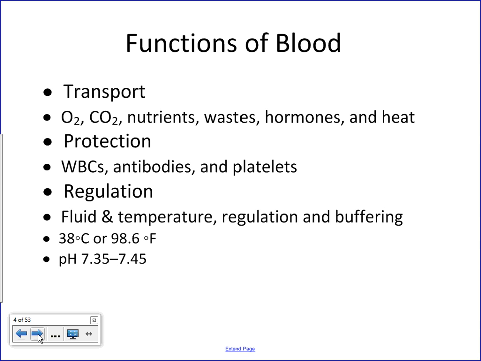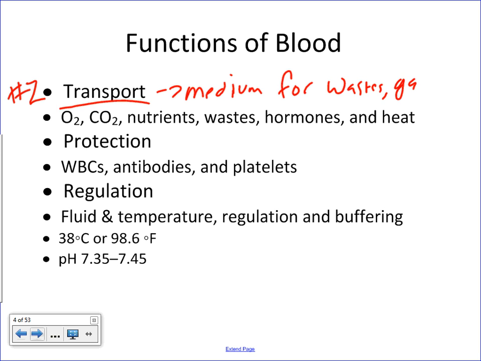All right, and the composition of blood is what allows blood to do its job. I would definitely say that its number one responsibility is transport.